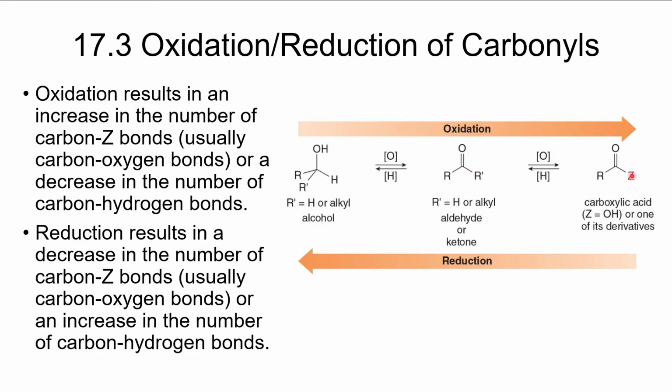So we can oxidize that and have a more electronegative atom there. So at this point, we've got 3 bonds going from carbon to something more electronegative. Now, there are a number of ways to do this, and we are going to look at some of them. Some of them will look familiar because we've seen some of these back in chapter 12 when we talked about oxidations and reductions.